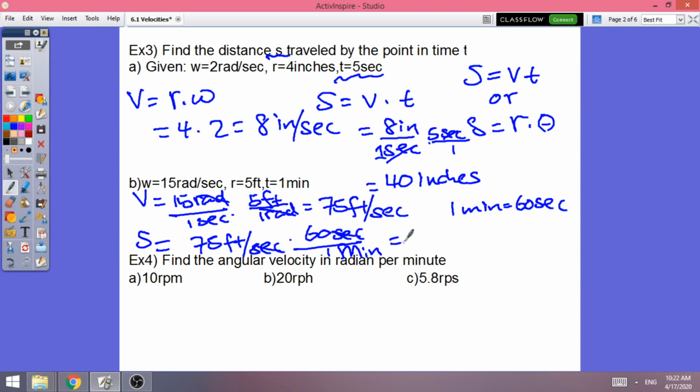So we do have 75 times 60. So 5 times 6, that's 30. 7 times 6, 42, plus 3, which is 4,500 feet.